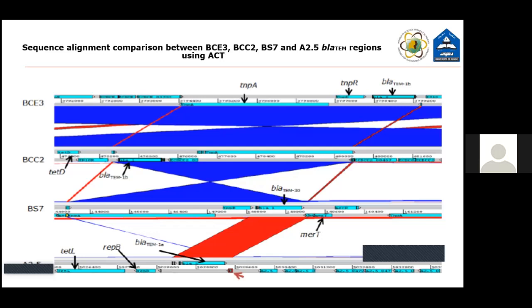The gene BLA-TEM-30 in BS7 was carried by a Tn3 transposon, and the gene BLA-TEM-1A, which was carried by A2.5, was carried by a truncated Tn3 transposon, which was completely different from the genetic environment compared with the other three strains.